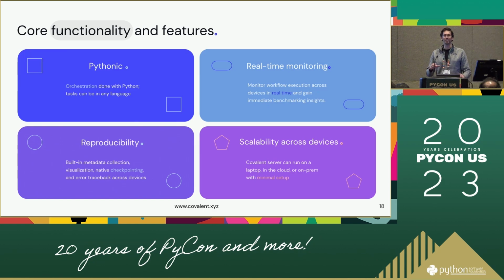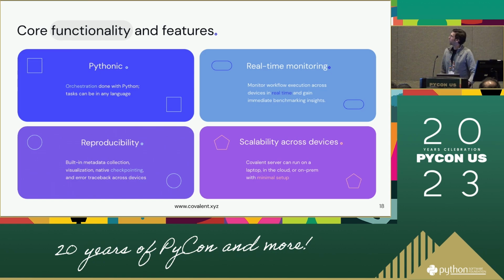So the orchestration itself is done with the Python language, but the tasks within the workflow can be of any other language. If you're familiar with Python bindings to other languages, this isn't surprising. We're just leveraging that so that you can call a C function from Python, you can call a Fortran function from Python, Julia, Bash, et cetera. And so with these few bindings, it enables a great degree of flexibility.